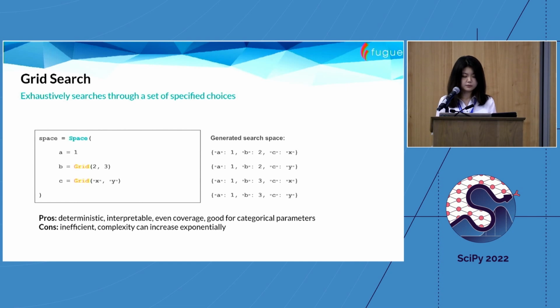However, it is extremely inefficient because the computational complexity increases exponentially with the number of parameters. And grid search is defined using the keyword grid in Tune.